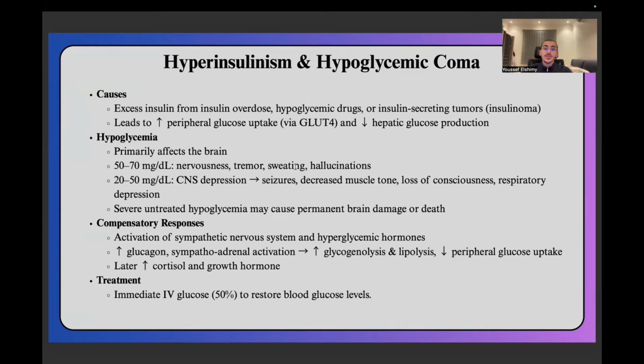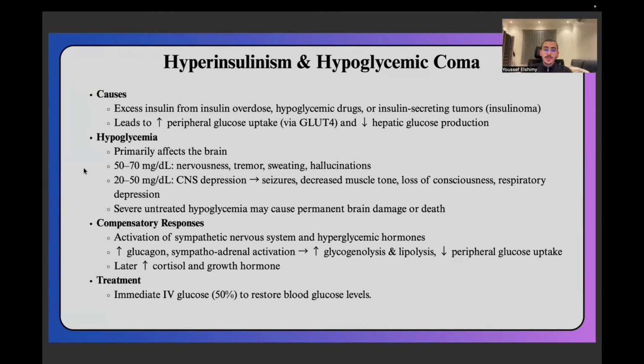This would lead to increased peripheral glucose uptake via the GLUT4. Think of it as an exaggerated insulin effect. So there would be more translocation of GLUT4 transporters, as well as decreased hepatic glucose production because there's no need to produce glucose.